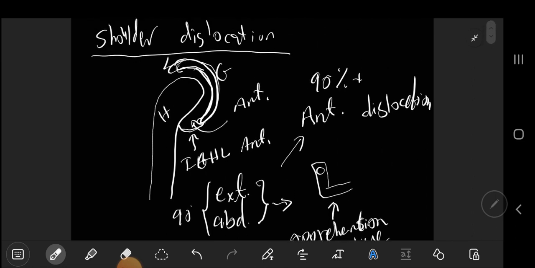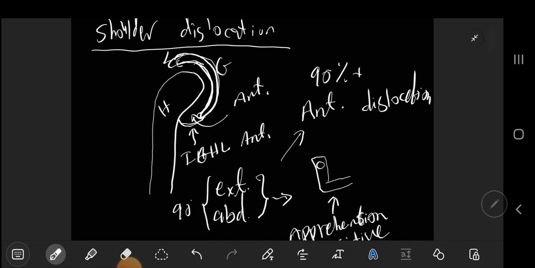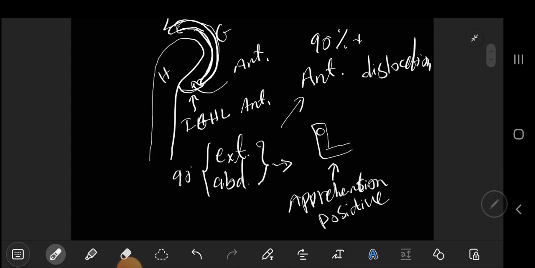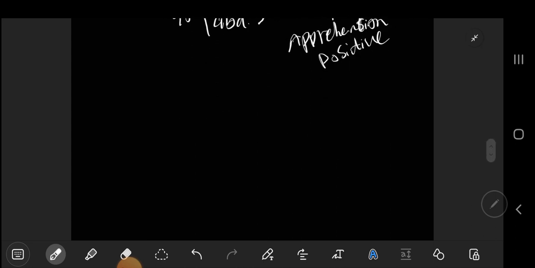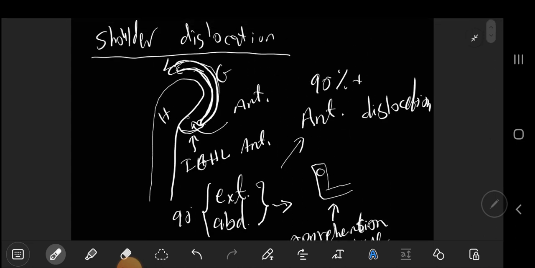So the shoulder will most probably dislocate anteriorly, but what happens? Why after the first or second dislocation is recurrent dislocation more common? Why does the shoulder become unstable after some dislocations? As you can see right over here, there are some structures that can be damaged. So here is the labrum.